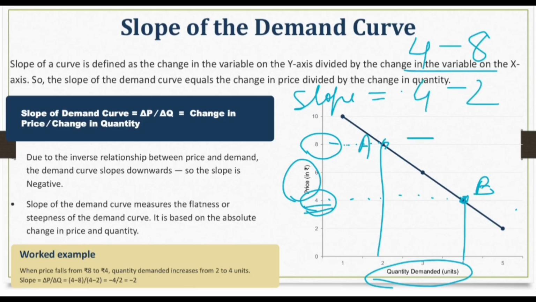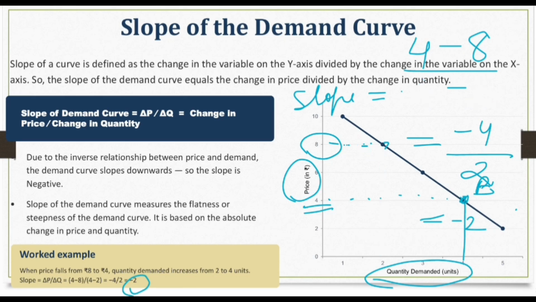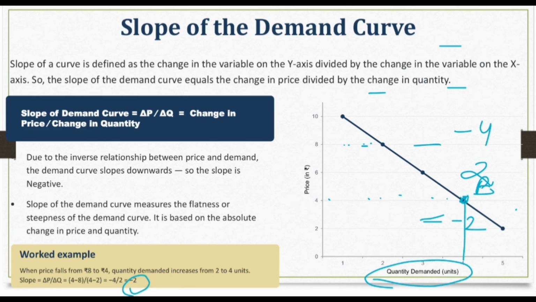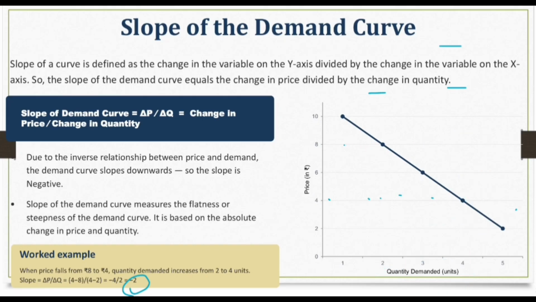Now what we get here is minus 4 upon 2, which comes out to be minus 2, as you can see right here. So we have calculated the slope of the demand curve. I hope it is very clear how to calculate the slope of any curve that comes your way in the future. Due to the inverse relationship between price and demand, the demand curve slopes downward, so the slope is negative.